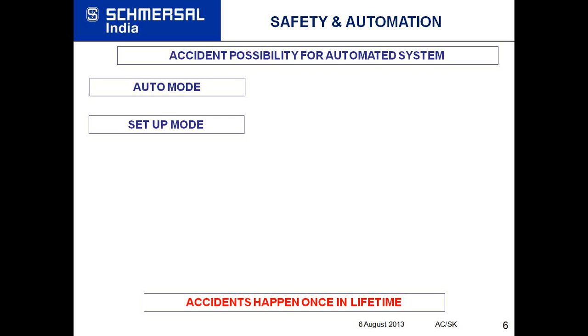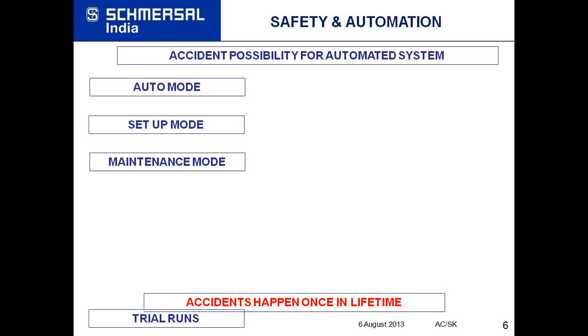Because under this mode, as well as under maintenance mode, where we have to do maintenance on the machine or the process, we have to interact with the machine while it is running, while the hazardous motions are already in function. So what about safety under these two modes?